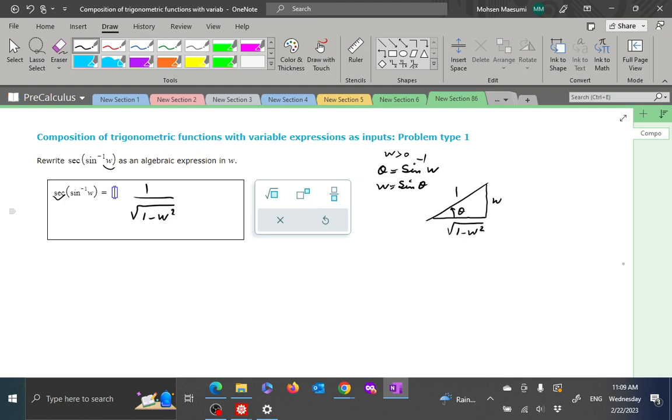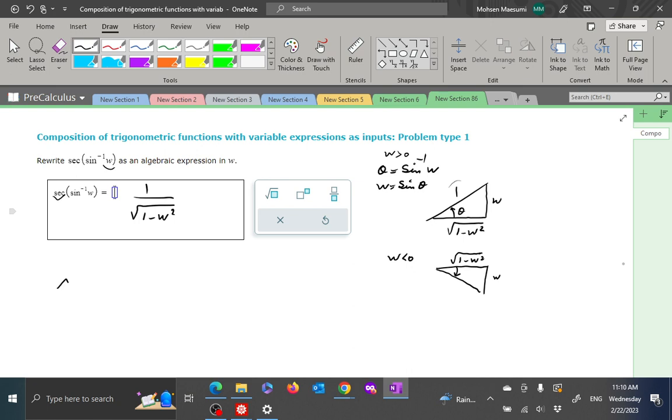Secant is the ratio of the hypotenuse divided by the adjacent. What if w was negative? If w was negative, well, yes, your angle would be negative. W is here, your angle is negative, but this other side still turns out to be radical 1 minus w squared, and secant in either case turns out to be a positive quantity.